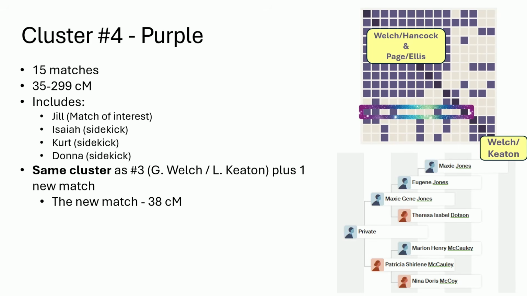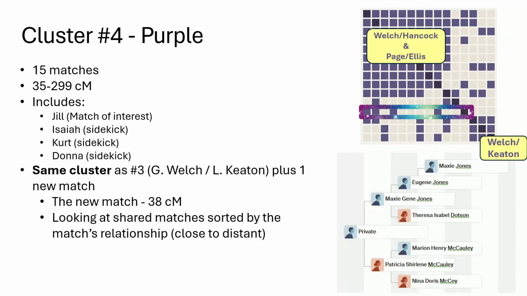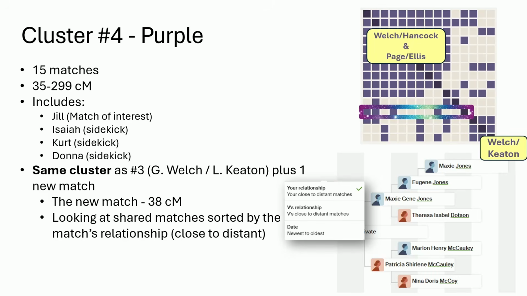Looking at the family tree, there wasn't any obvious surname clue about any of these ancestors being part of that cluster. So I looked at the shared matches for this new match and sorted them by the match's relationship, close to distant.